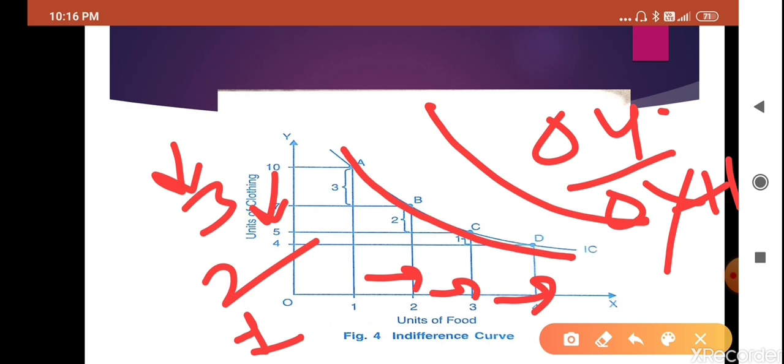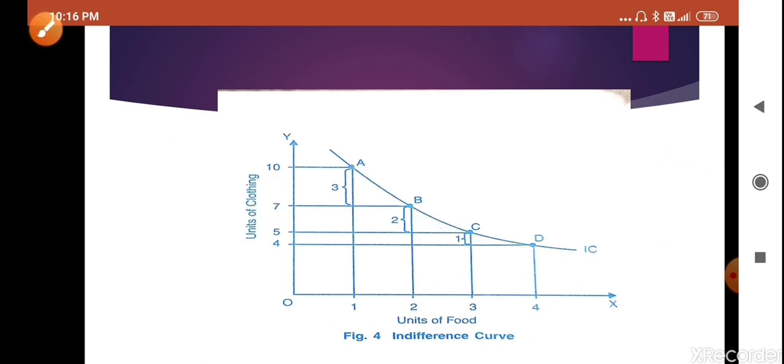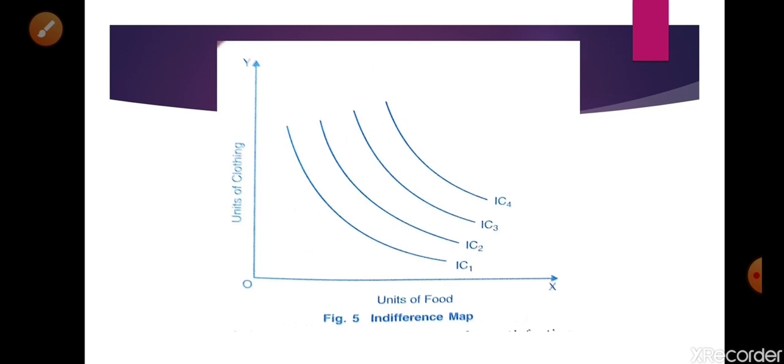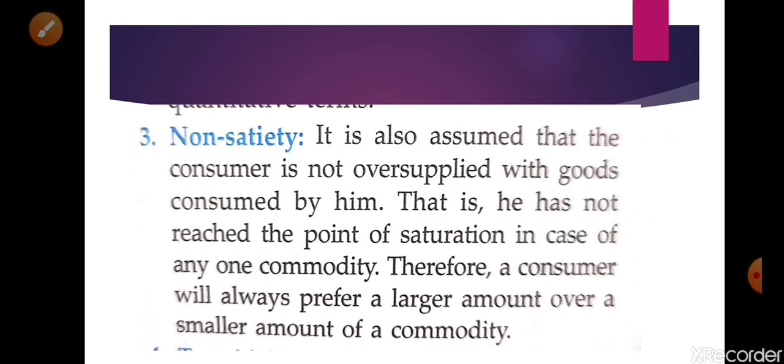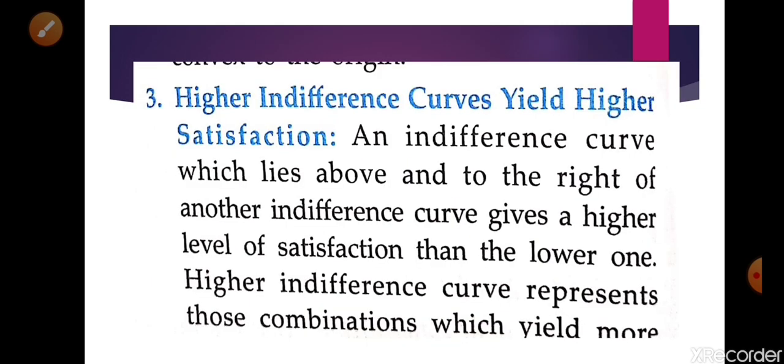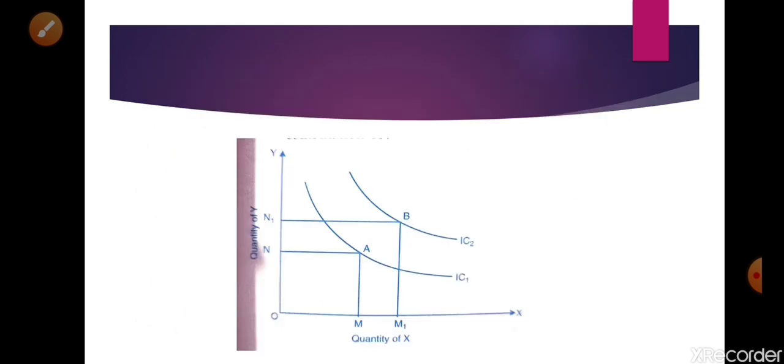So third one, the highest indifference curve gives a higher yield of satisfaction. So let us go through this one. This will explain it to you.